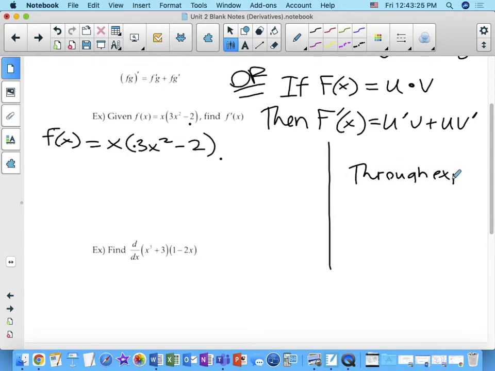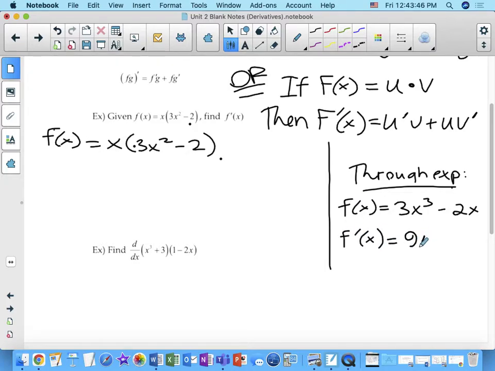Through expansion, f of x is equal to x times 3x squared is 3x cubed minus 2x. So we can figure out the derivative this way. F prime of x is going to equal 3 times 3 is 9x squared minus 2. So we already know what the derivative is because we could do this one through expansion.